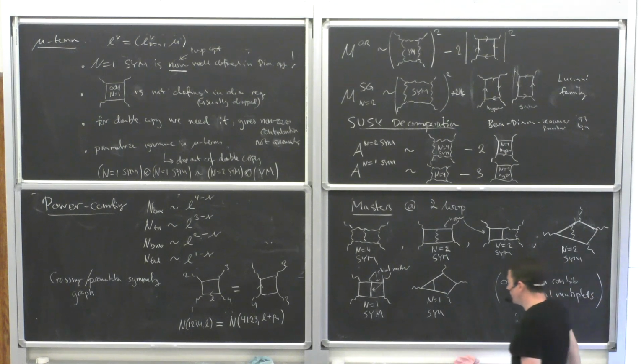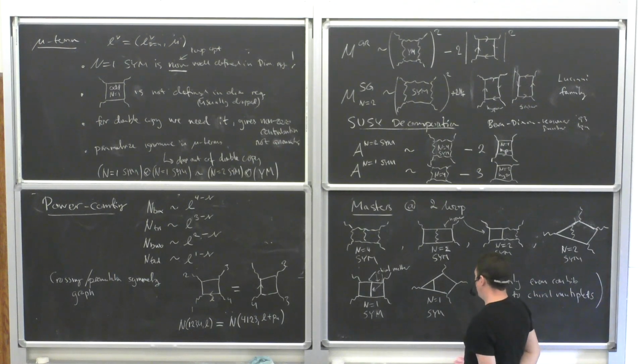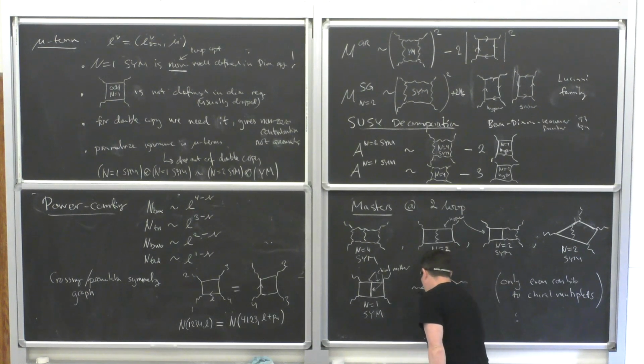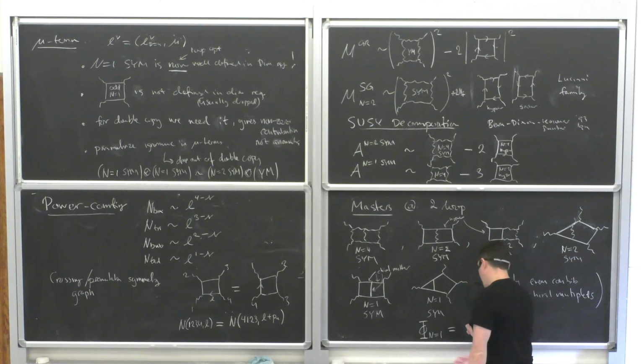Think of it that my chiral multiplet N equals 1, I'm always going to think of it as a superposition of the plus and then the minus.